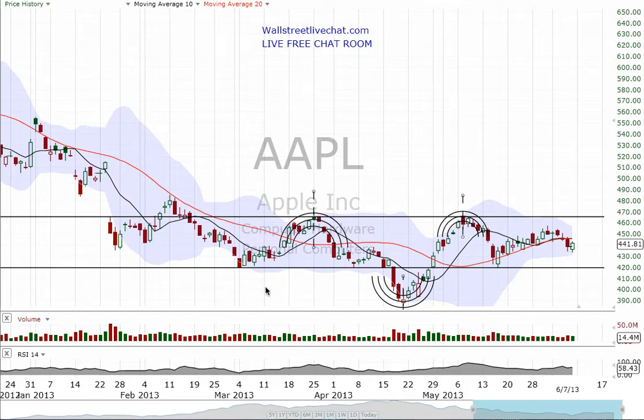Where our last bounce was, you see here, you have support here, you have support here, you have support at the bottom of this left shoulder. So there's support here, and it's at a point where it's undecided what it's going to do right now.